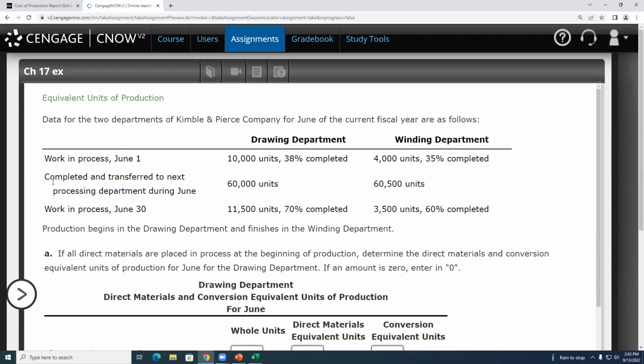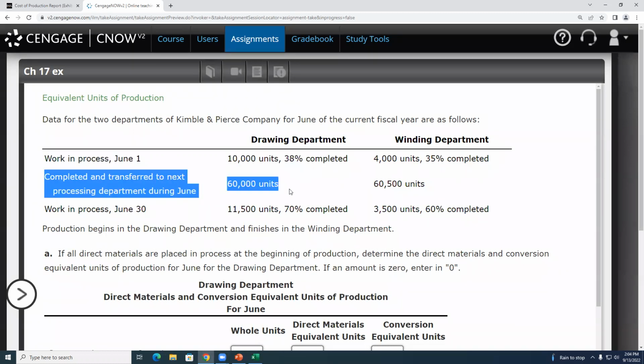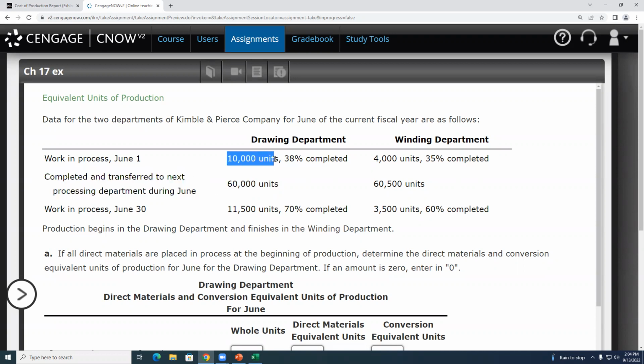Next, we complete, oh shoot, I totally misread this. Completed and transferred to next processing department. I didn't read the whole thing, so I need to backtrack on something I said earlier in this exercise. Completed and transferred to next step, that includes these 10,000 units.